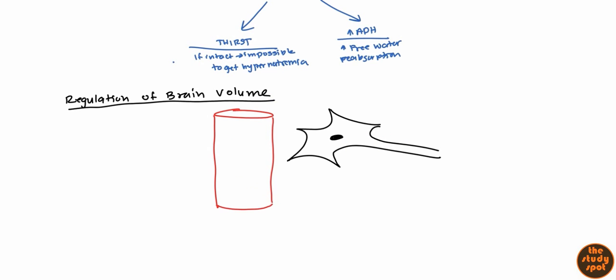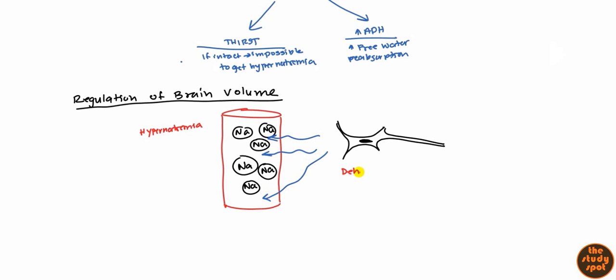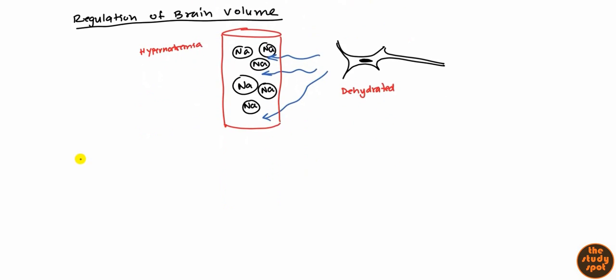Normally we have a certain amount of sodium in the blood vessel. However, when you get hypernatremia, this will lead to some changes. Water will go away from the neuron into the interstitium and then over into the vessel, and this can lead to dehydration of the cell. As you can see, the neuron there is dehydrated.